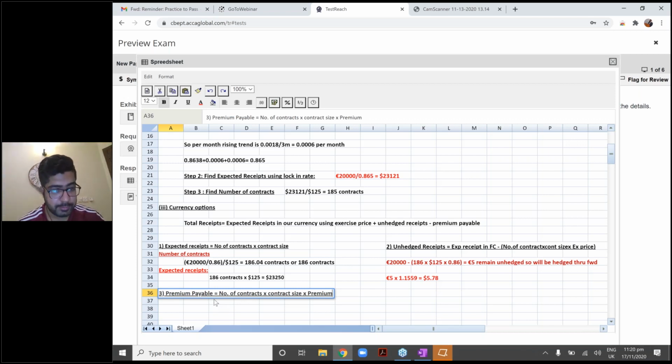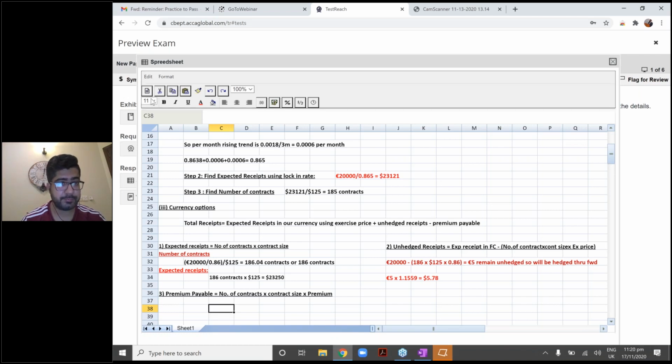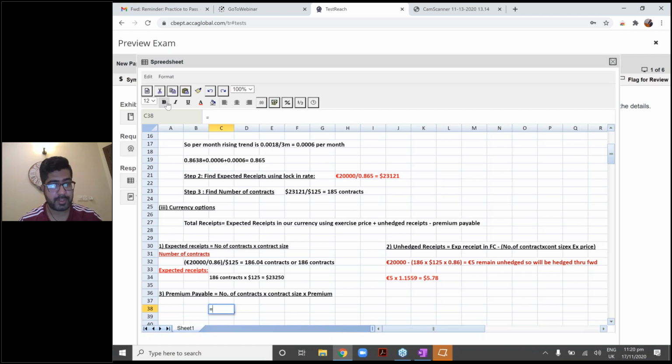We all know the number of contracts is 186. Listen to this carefully, this is the last thing. We know the contract size is 125.